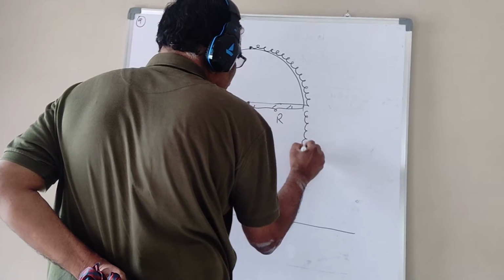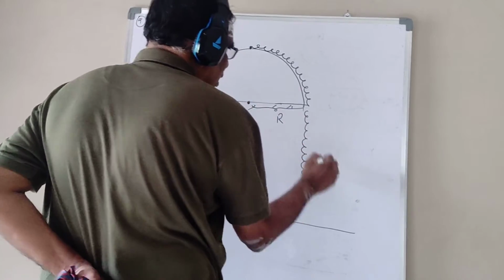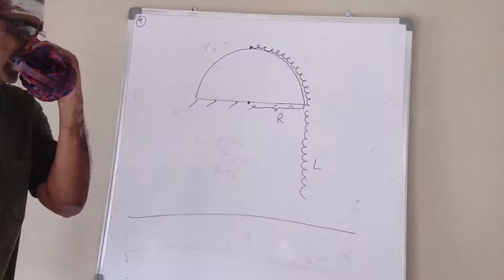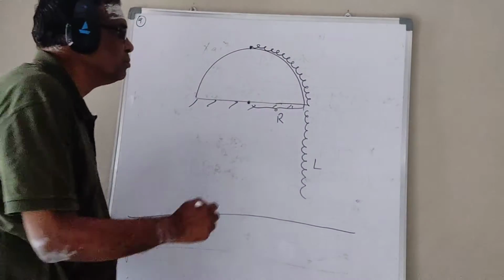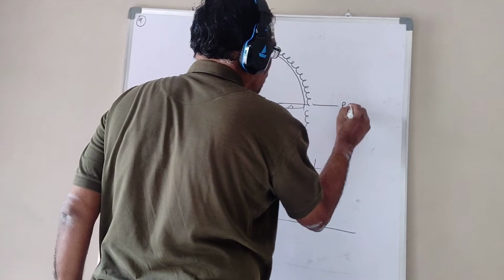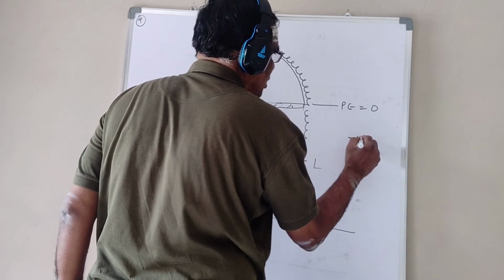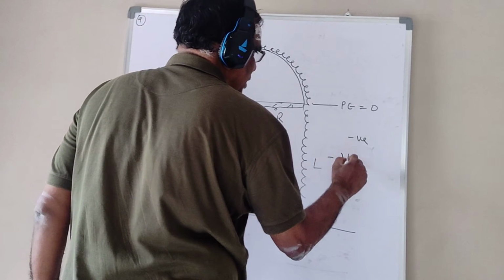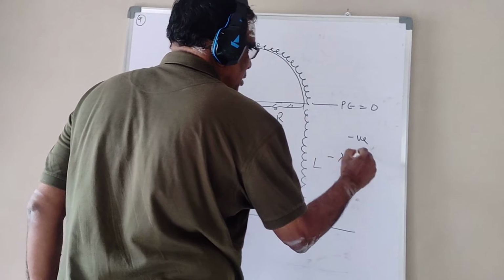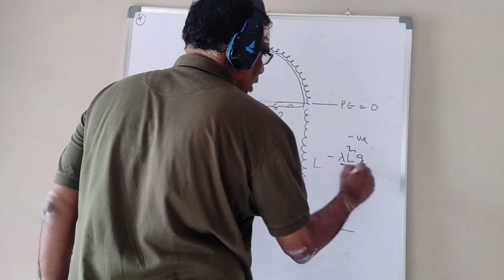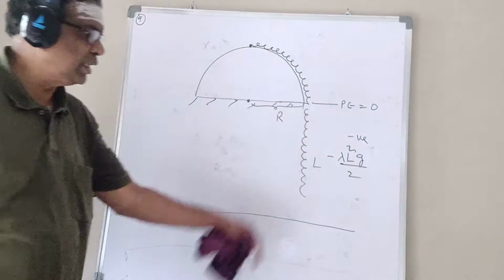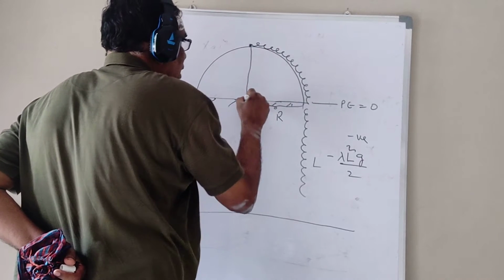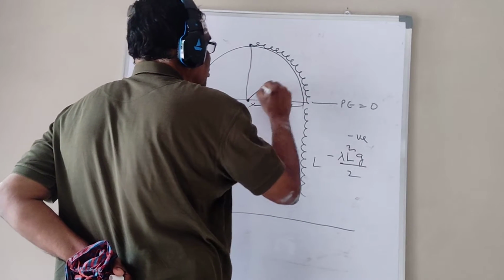Therefore, by the time the last link leaves the smooth surface, what is the velocity of it? As before, I take P0, therefore it is negative. Minus lambda L into G L by 2, that is the final potential energy. Now, initial potential energy you have to find out.